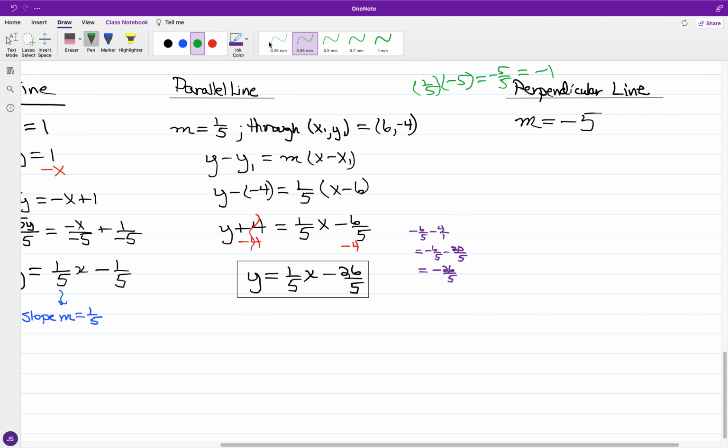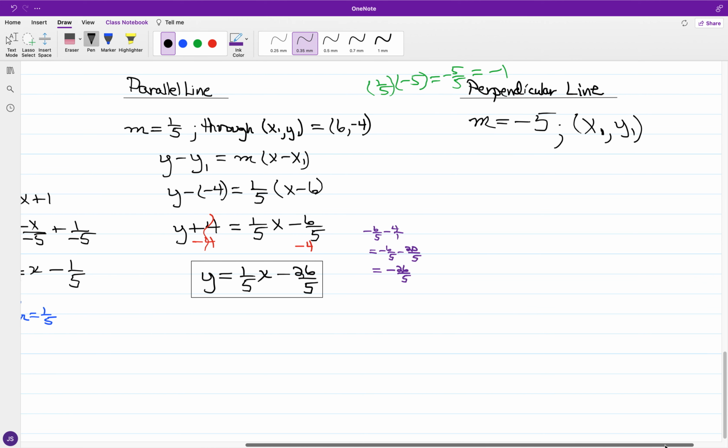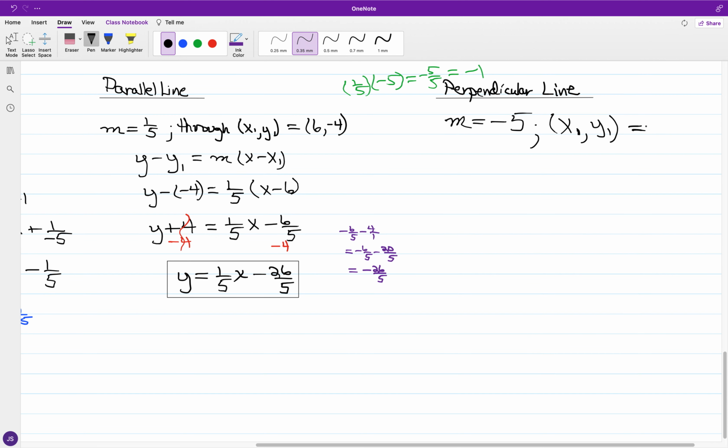And again, we have the ordered pair through which the perpendicular line passes. It's also 6, -4. And for the point slope route, again, we have the same x1, y1, and the difference this time around is with m.